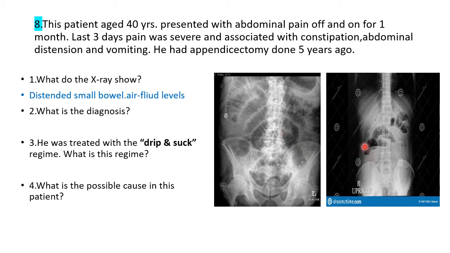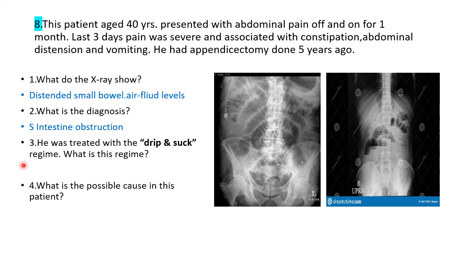Here it shows multiple air fluid levels located in the center of the abdomen, which are also an indication of small bowel obstruction. What is your diagnosis? Small intestinal obstruction.